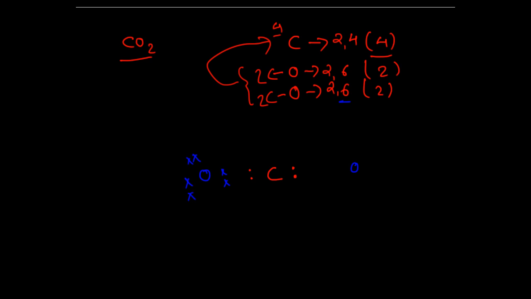Same is the case in this oxygen too. Now the sharing occurs between these 2 electrons and these 2 electrons, and the central carbon will have this structure, and the 2 oxygen will have this structure.